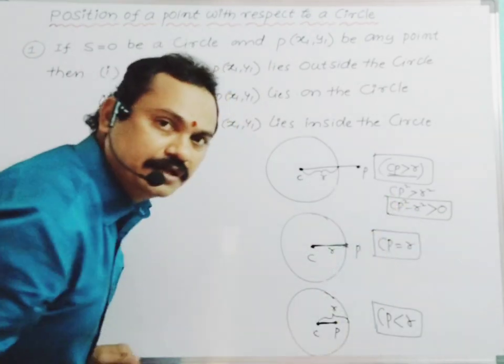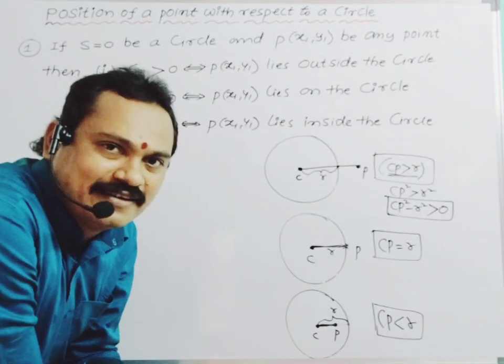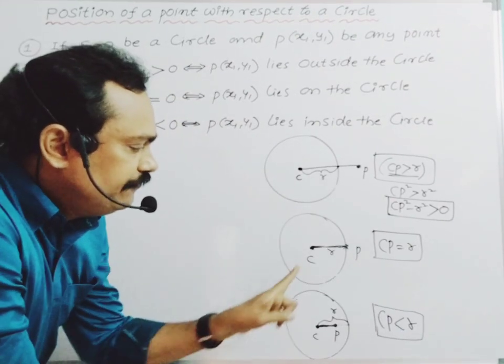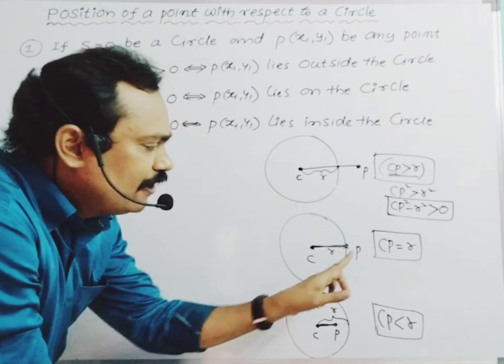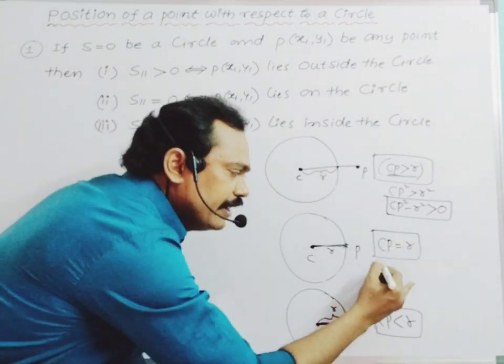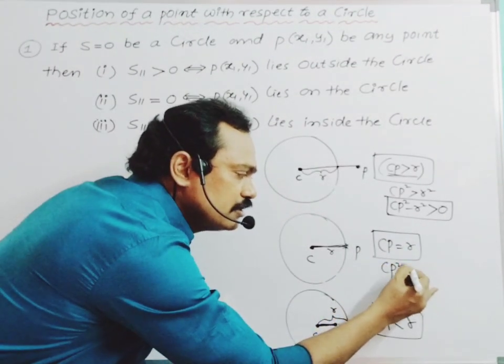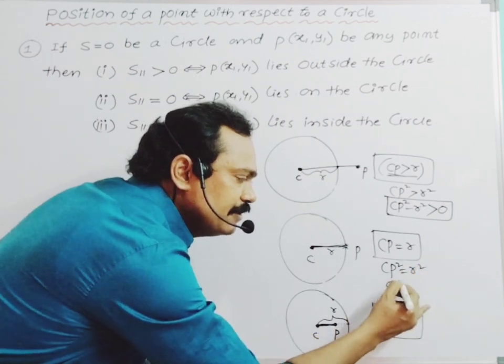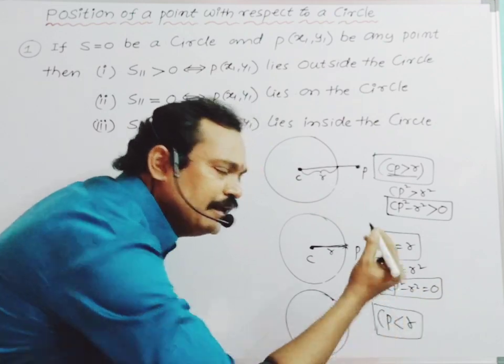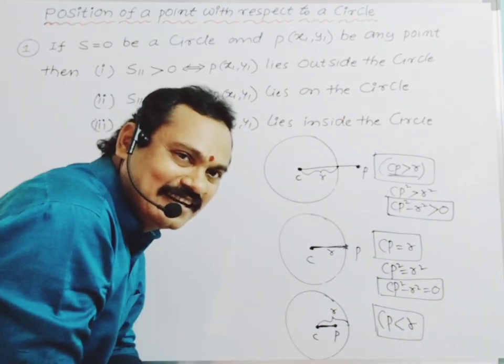This is the condition. If P lies on the circle, CP equals R, so CP square equals R square. That is CP square minus R square equals 0. This is the condition if P lies on the circle.